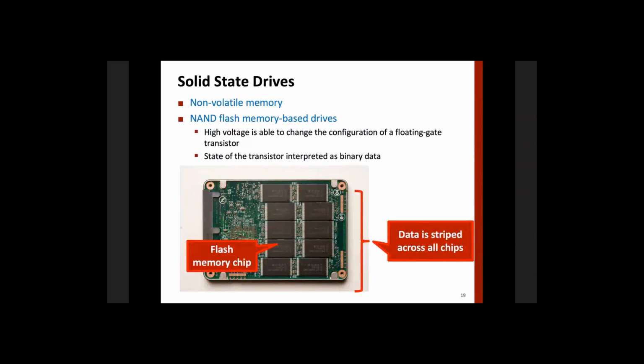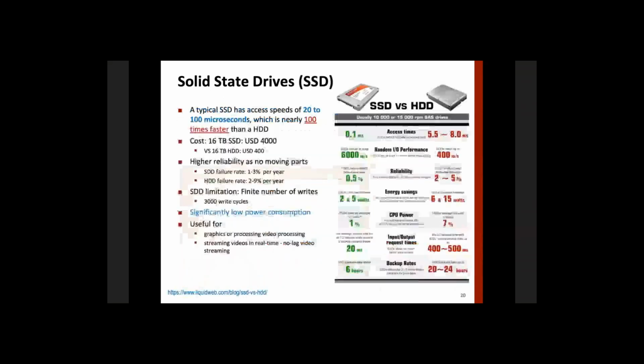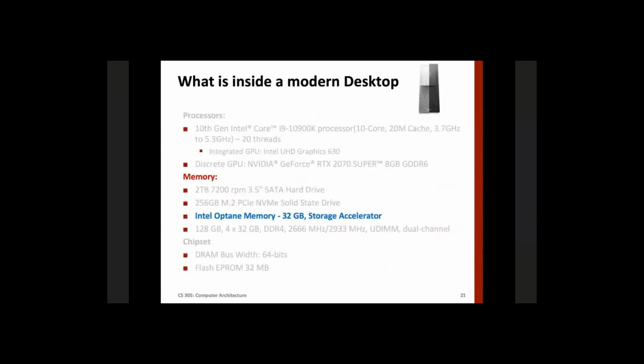So main memory and cache are volatile, and your hard disk and solid state drive are non-volatile memory. Okay, got it? It's good that you asked this question, because I assume sometimes you know all this, but please feel free to ask.